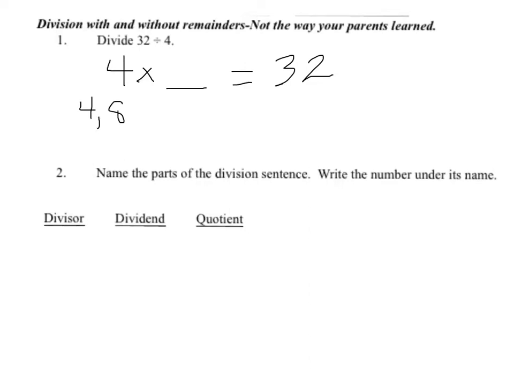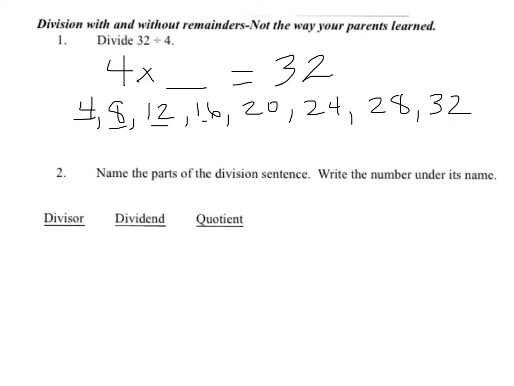4, 8, 12, 16, 20, 24, 28, and 32. Now, we're going to count how many times we had to count to get to 32 before we knew what our multiple of 4 was. So it's once, twice, 3, 4, 5, 6, 7, 8 times.